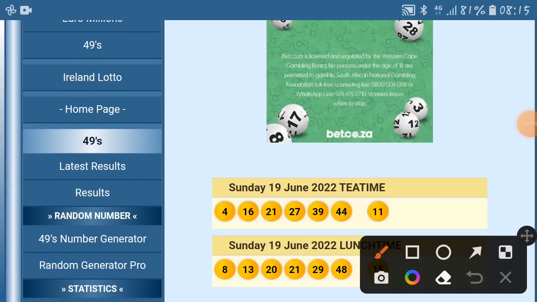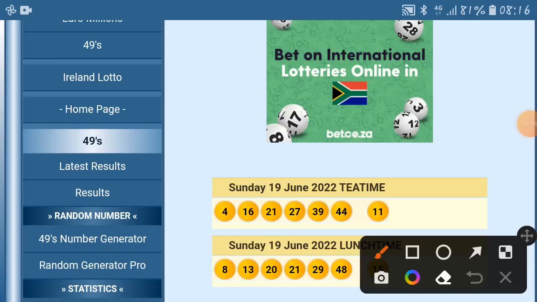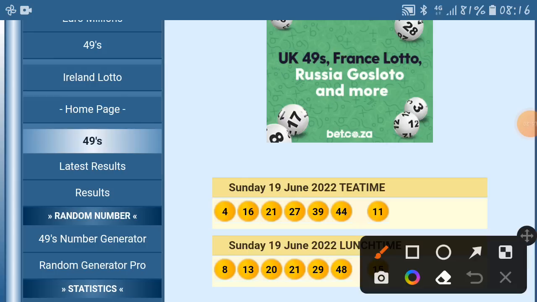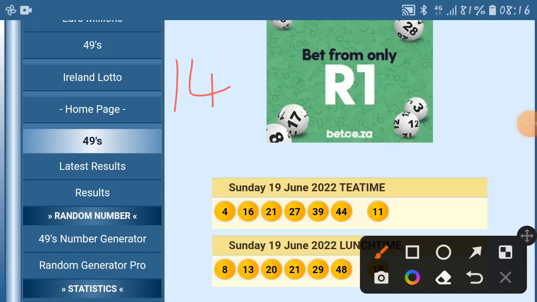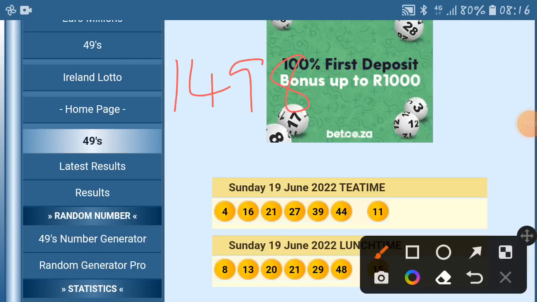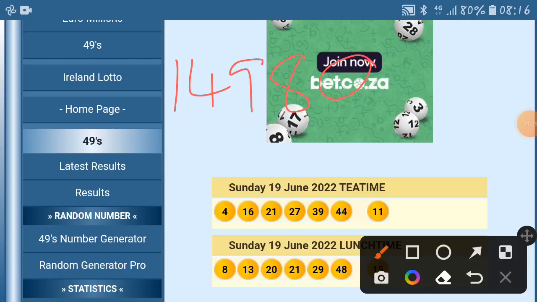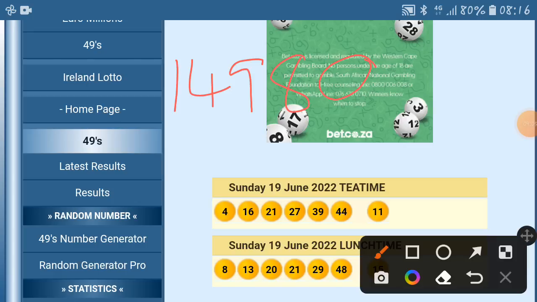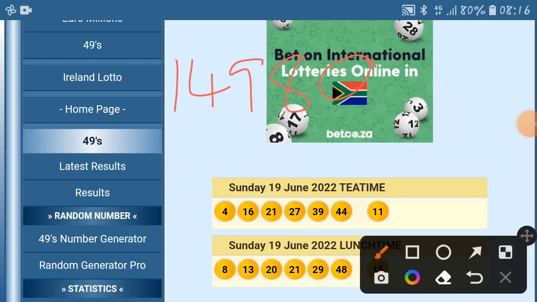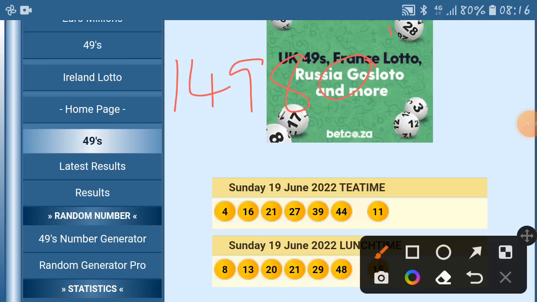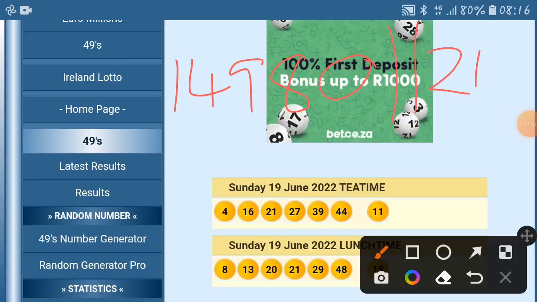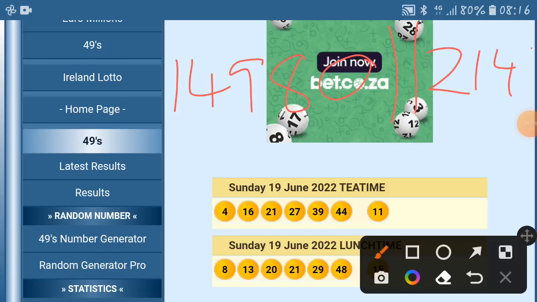And today it's 20 multiplied by 49, and we get 14,980, right? Divided by 7, we have got 2140.